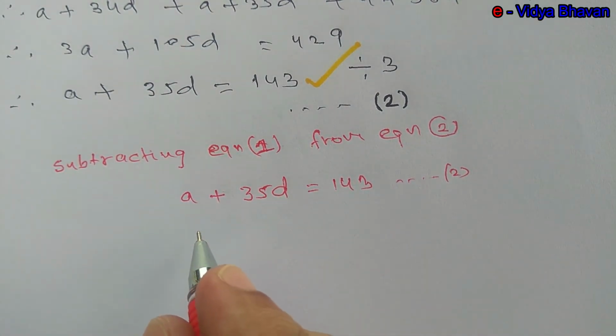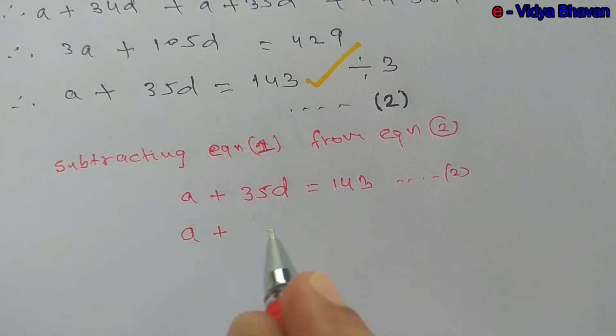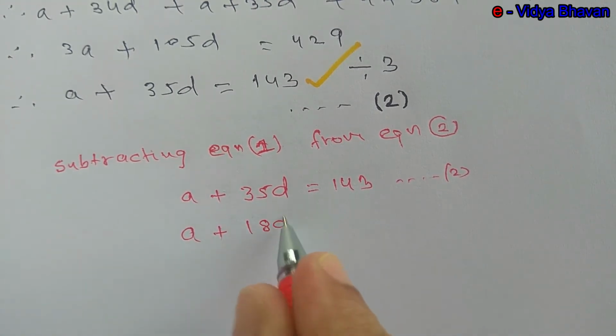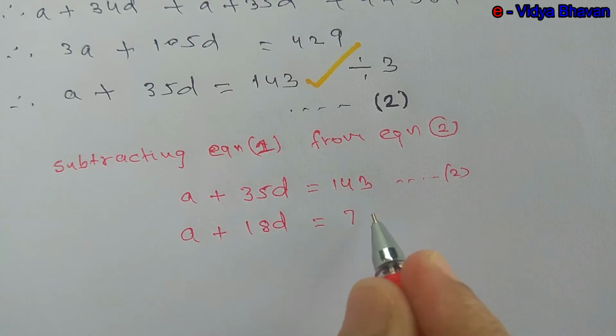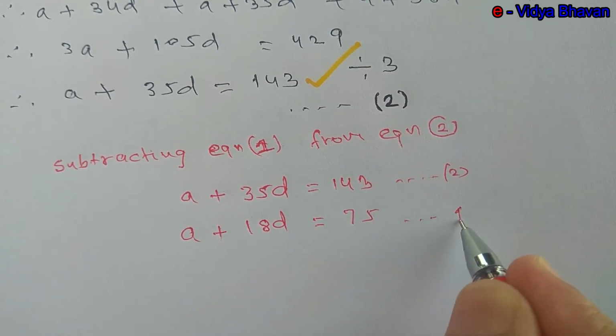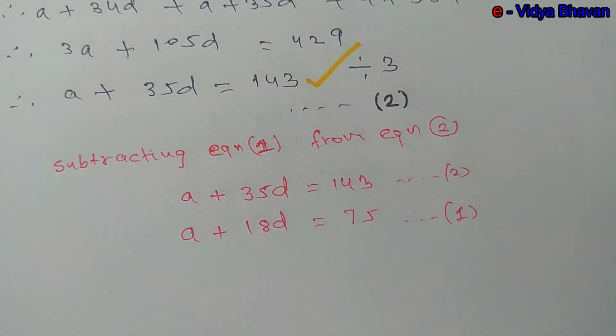And equation number 1, a plus 18d is equal to 75. This is your equation number 1. Let's subtract.